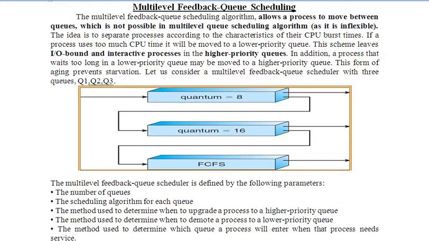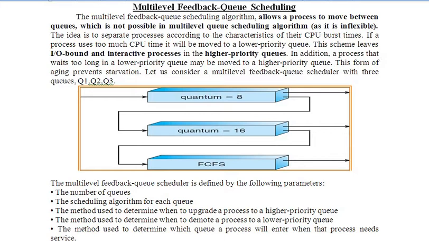Then again in this queue, which is called Q1, the next process will come and execute. If it is equal to or less than 8 milliseconds, it will execute. Otherwise, the same thing, that also will move to the next queue. This process continues until this priority queue becomes empty.